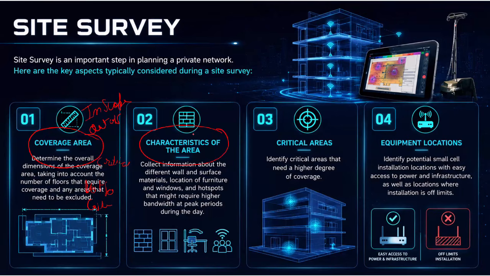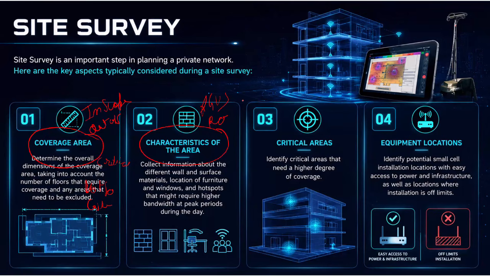For example, in a warehouse, we may have high ceilings and large metal storage racks. In a manufacturing facility, we may have heavy machinery and a lot of metallic infrastructure. We may have AGVs, robots, scanners, sensors, cameras, all these things. Moreover, if an existing RF is available, we have to check that as well. All of these things need to be considered when we design the network.